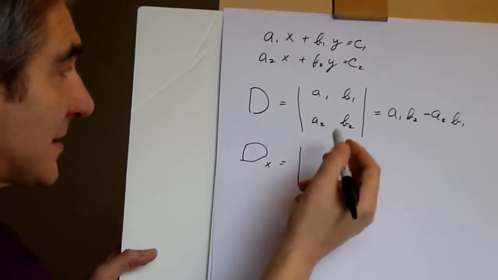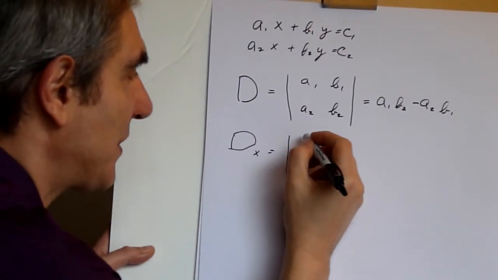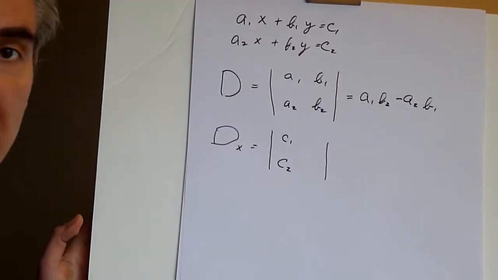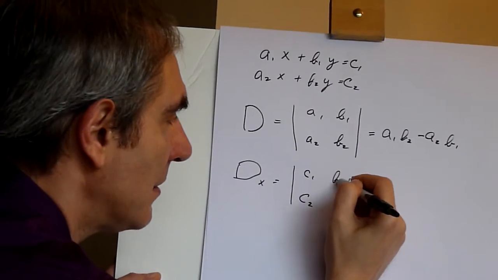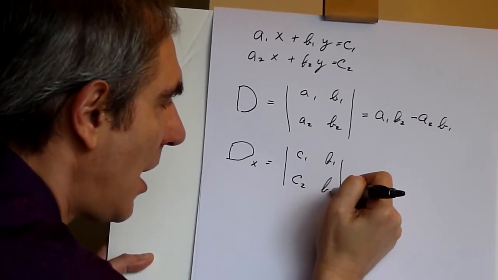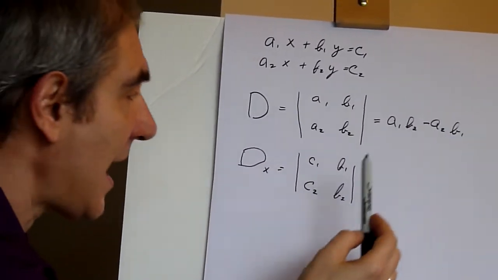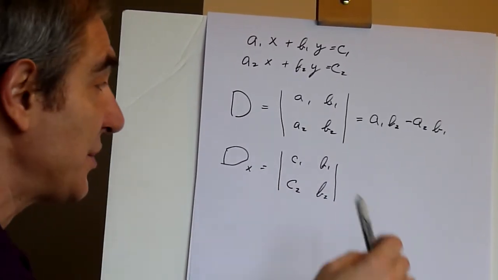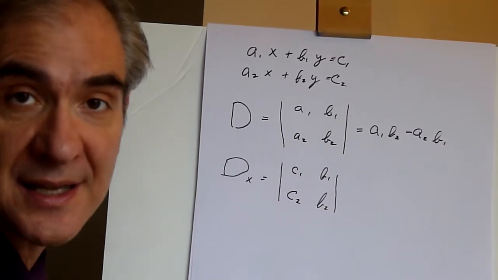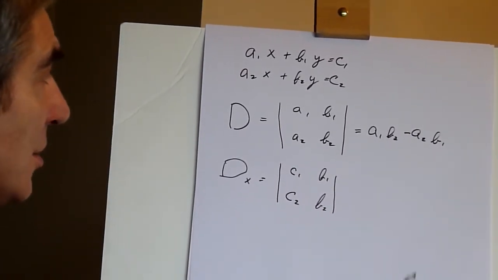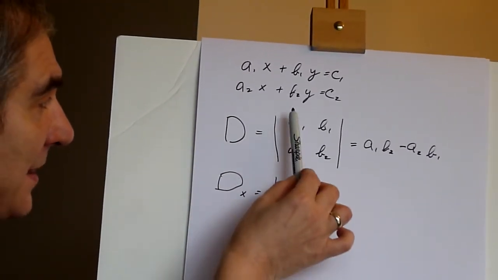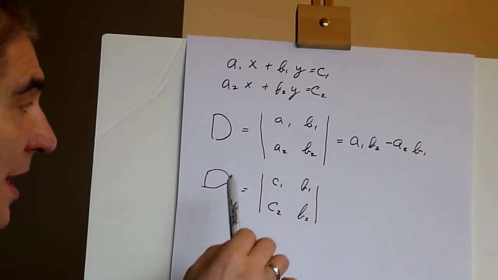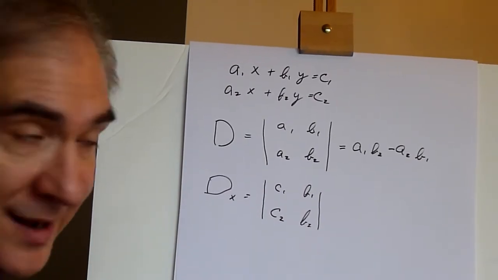So for D sub x, C1 and C2 go here, and B1 and B2 is the column that we do not do anything to. We just leave it as it is in the original coefficient matrix. I've taken A1 and A2 and replaced them with C1 and C2. That gives us D sub x.